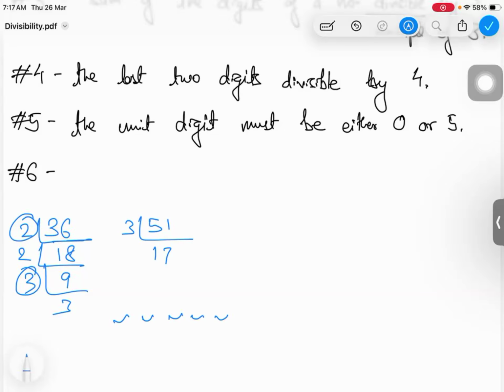So if a number is divisible by 3 and 17, it is divisible by 51. Say yes or no. If a number is divisible by 3 and by 17, automatically we can assume it will be divisible by 51. You can do the same thing with more numbers. You can tell me some numbers.